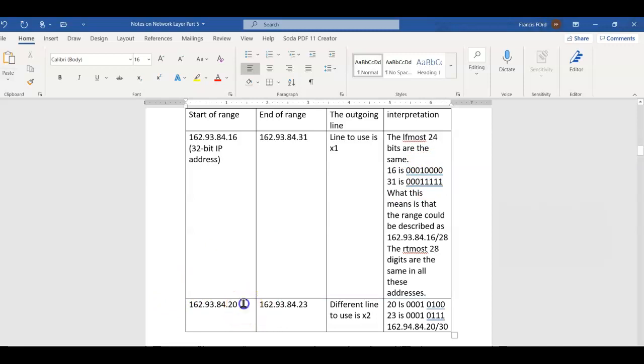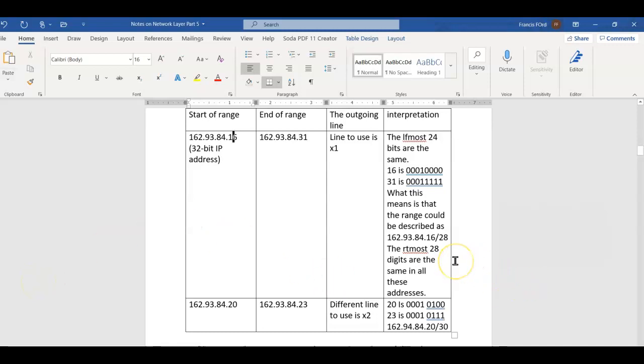Now, if you look, this is actually part of that, but it's going out on a different line. So what are we going to do when something comes in? If it's going to this destination, does it use this route or does it use this route? It fits into both of them.